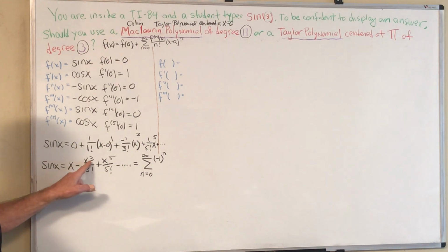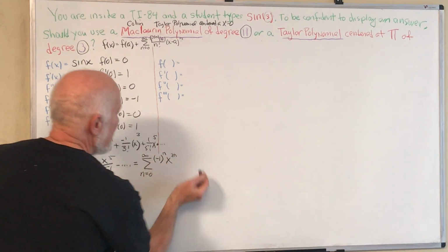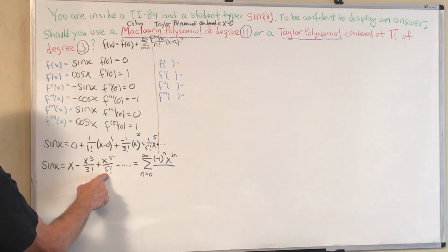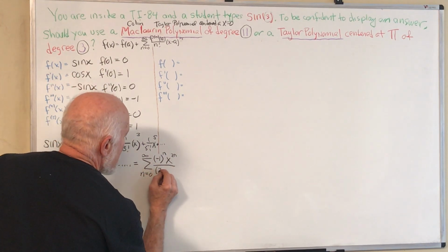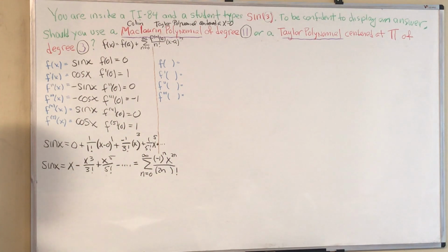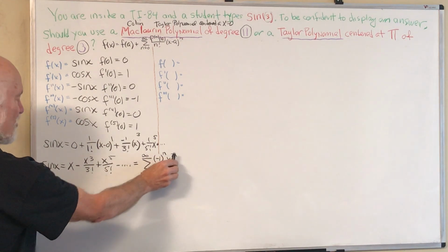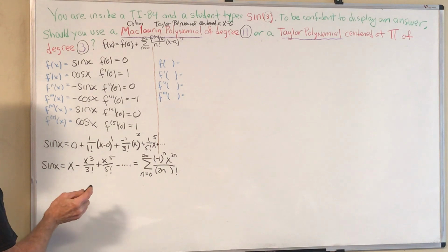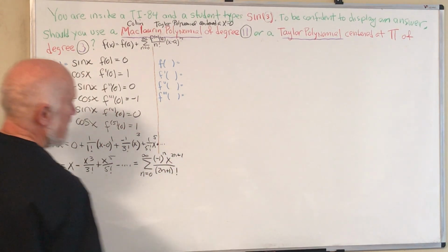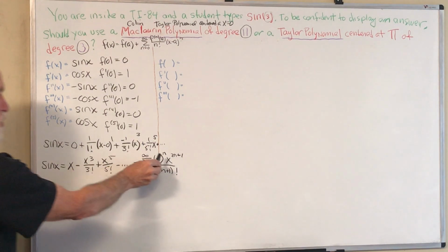They go from 1 to 3 to 5, so we're going to have x to the 2n plus 1, and then you're dividing by the same thing factorial. Well, then try it. At n equals 0, you get x to the 0 power. Well, you don't want x to the 0 power, so you could put plus 1. And you want that first term to be positive, so you do want to have it at n.